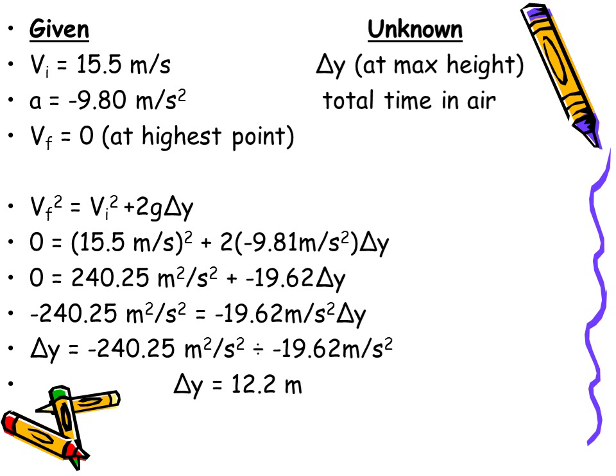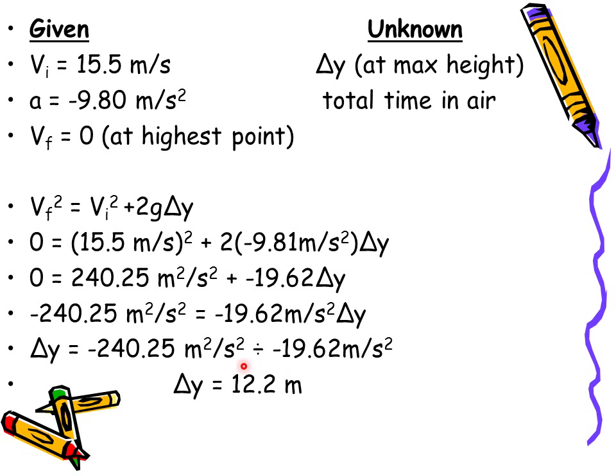So doing the algebra, 15.5 squared plus 2 times 9.81, negative 9.81. Then subtract the 240.25 over to the left-hand side of the equation, and then you need to isolate your variable here, divide then the negative 19.62 into the 240.25.